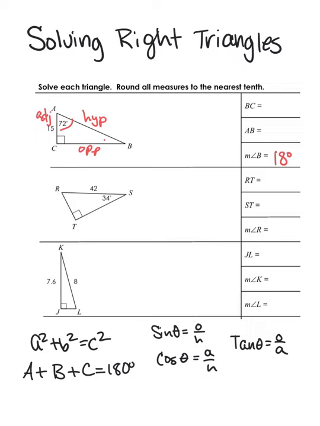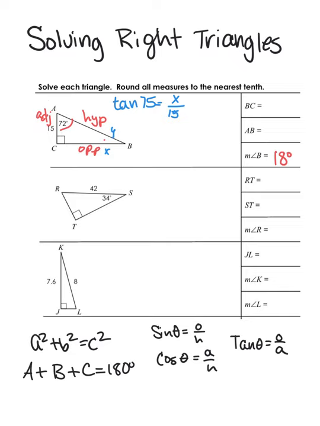It really doesn't matter, but I do need to assign variables, so I'm going to assign X here and Y here to make my life a little bit easier. I'm going to choose to find my opposite first. Which trig function deals with opposite and adjacent? Well, that's my tangent. So the tangent of 72 is equal to my opposite over my adjacent.